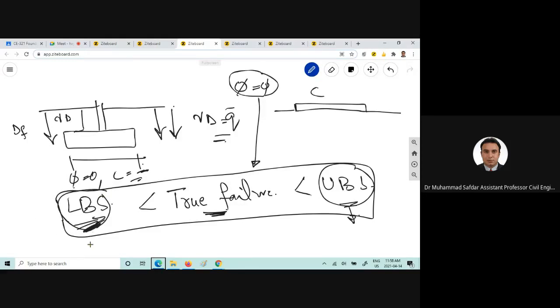Now, what is the lowest possible solution? Q bar plus 4C. And if we even remove this term, the ultimate bearing capacity would be equal to 4C.